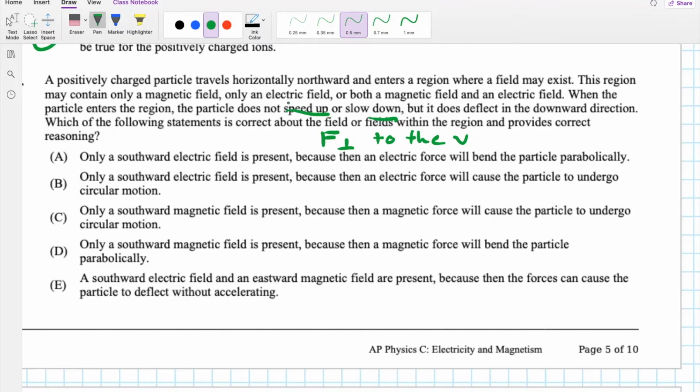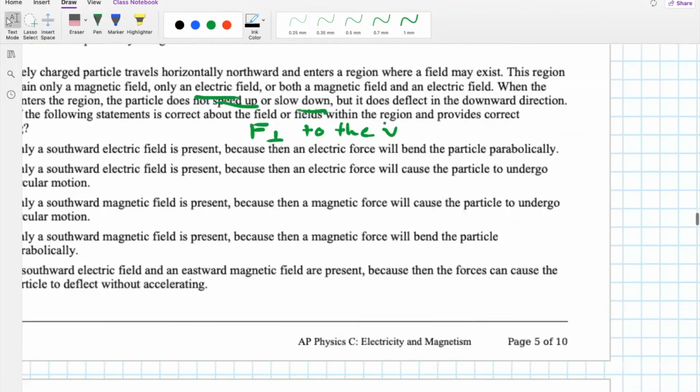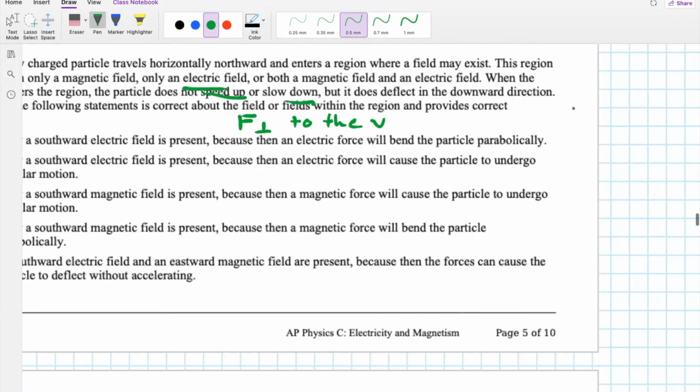So regardless of how the electric field is oriented, it would automatically accelerate. So it cannot be strictly an electric field, because if it does enter an electric field, let's say this is my velocity, let's say this is a positive charge for whatever reason.